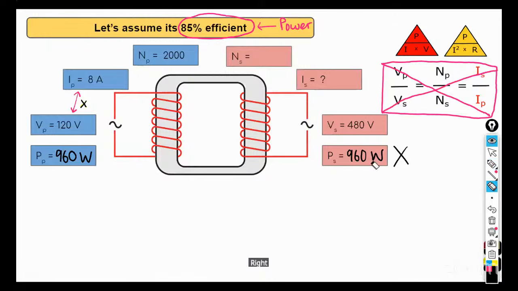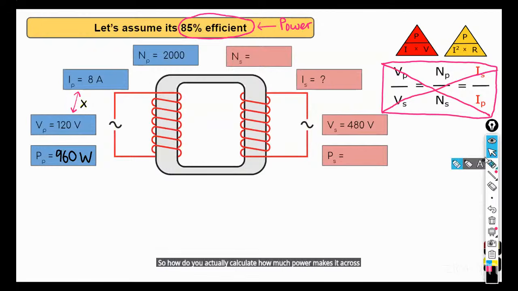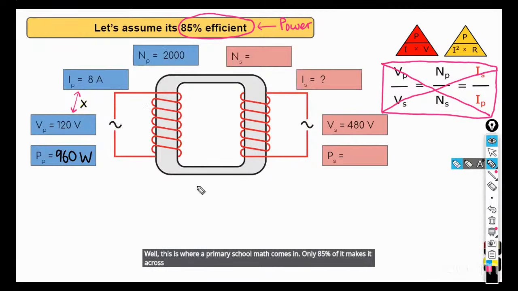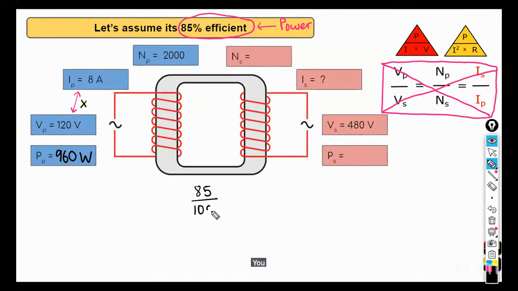So how do you actually calculate how much power makes it across? Well, this is where your primary school math comes in. Only 85% of it makes it across. So how do you find 85% of something? You say 85 over 100 because percentage is always out of 100, and you multiply by the 960.